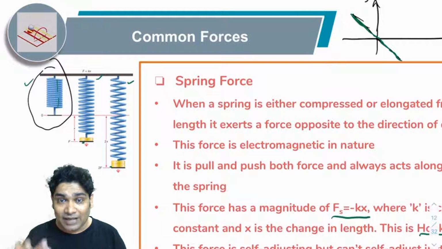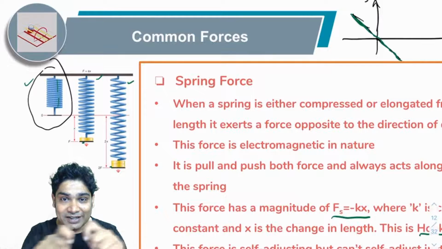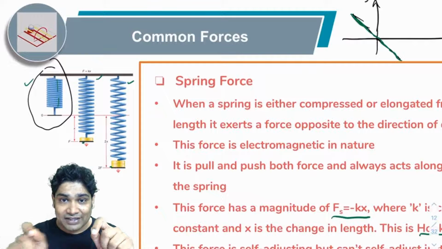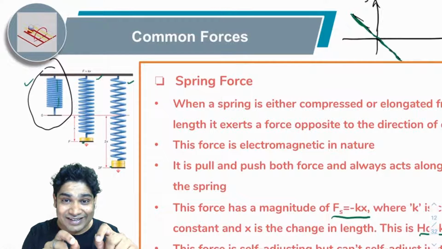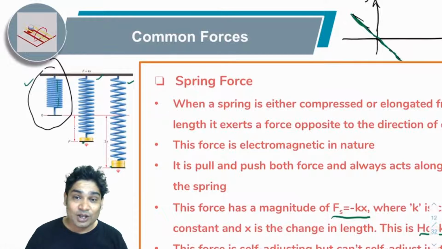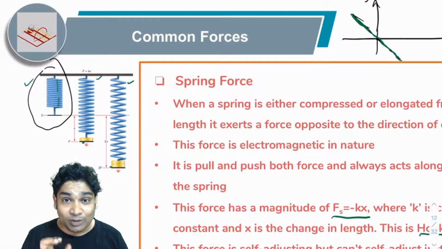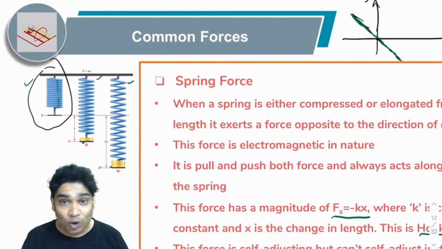If you keep stretching it again and again and leaving it, after some time it will not come back to the original length. When you elongate it and leave it, it will only come back partially. So normal springs practically wear out with respect to time. However, for ideal springs, we ignore all these effects.